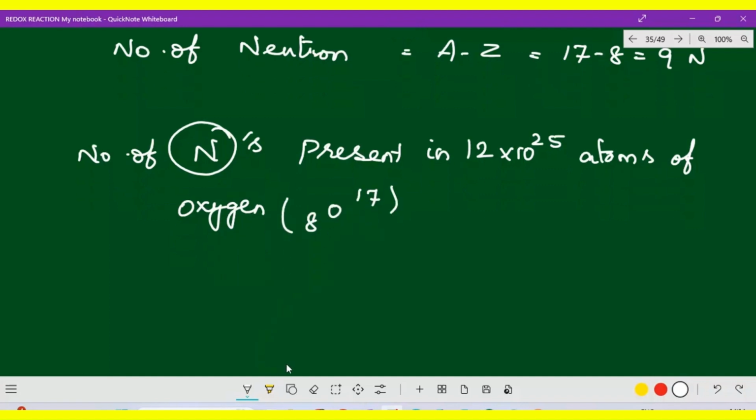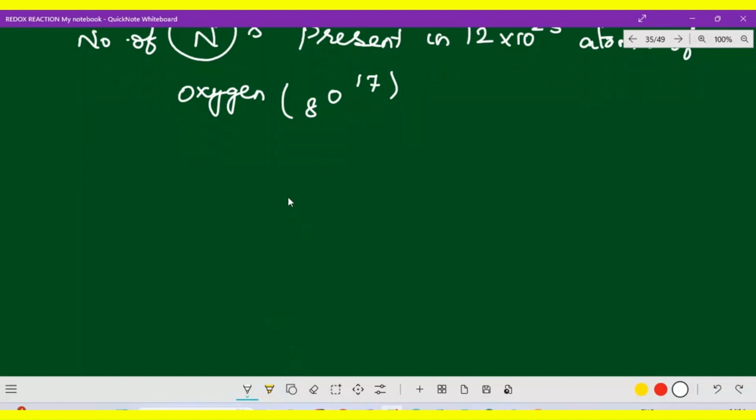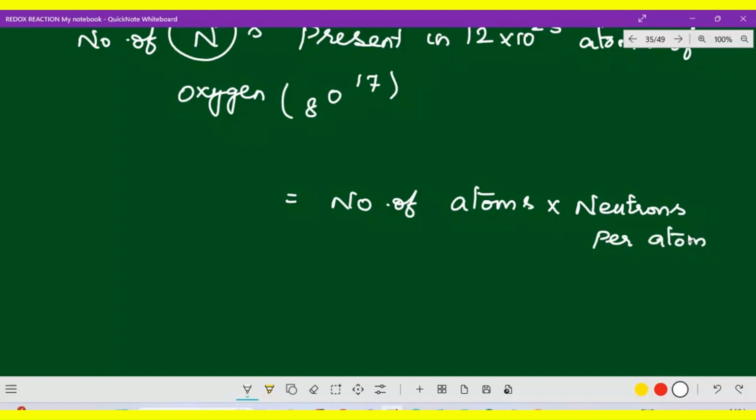Okay, now how to identify? This is very simple. For that, what formula can we use? The number of atoms, whatever data they have given, into neutrons per atom.